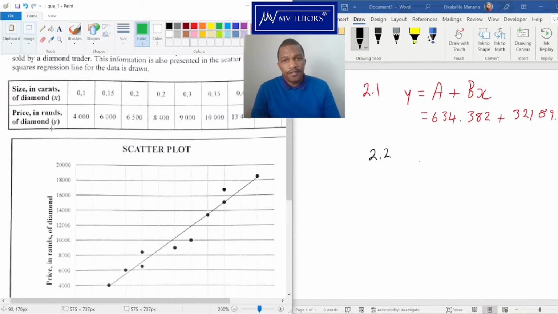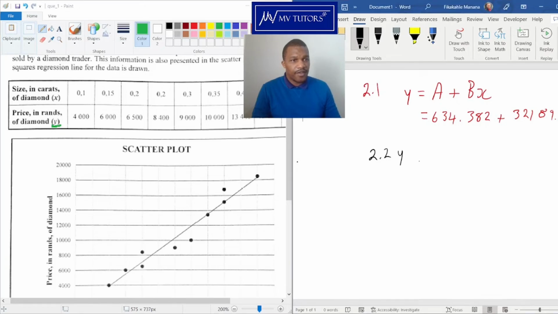So when we come this side, we're solving for the Y value, and they gave us the carat size, which is an X. So it means we just have to substitute the value of X.